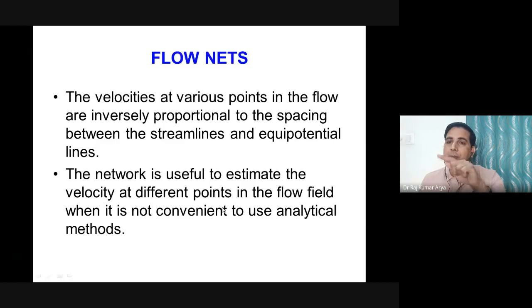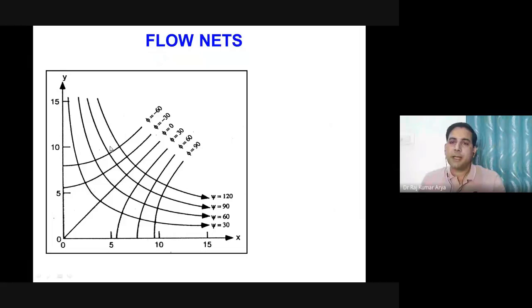So the net you have made previously would be helpful just to calculate the velocity between different points, because analytically you cannot find the velocity at each and every point of the flow, and for that you have to do a lot of tedious calculations.